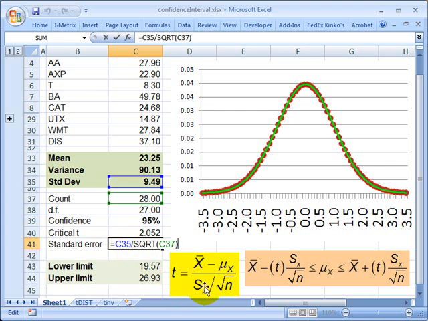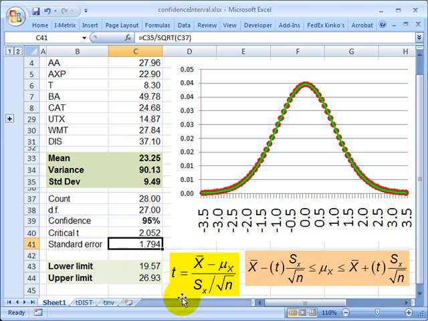And what I've done there is, if you look at this formula for the critical t in yellow, that's the denominator. The sample standard deviation divided by the square root of n. That gives me the standard error, which is pretty much my standard deviation for the sample mean. Now I can construct the confidence interval.